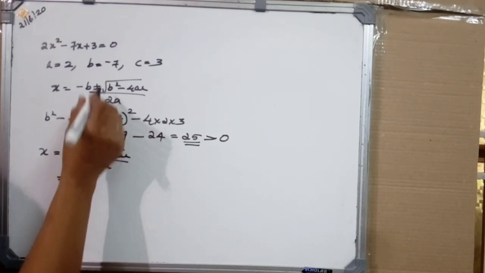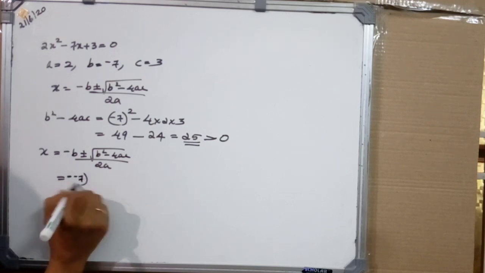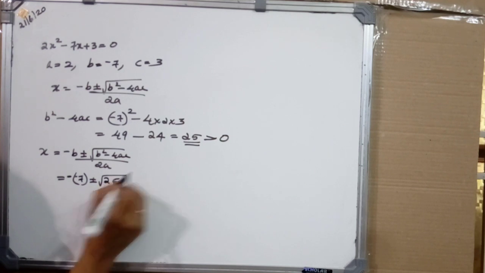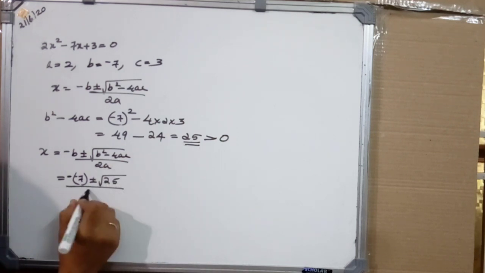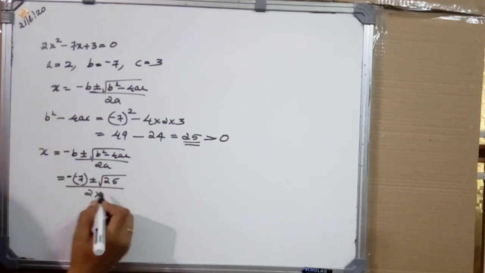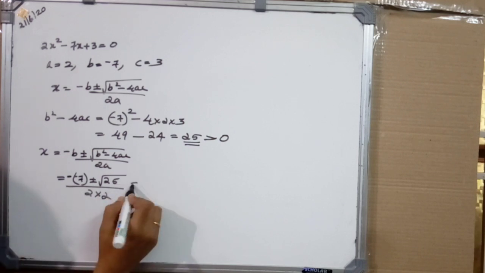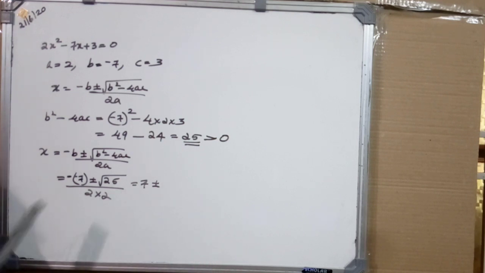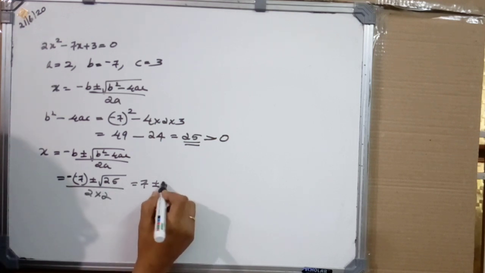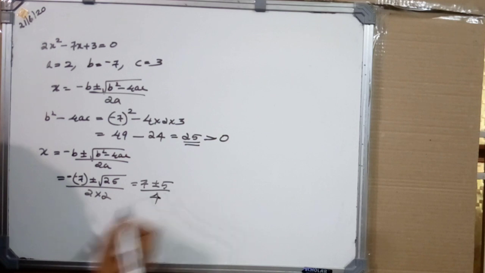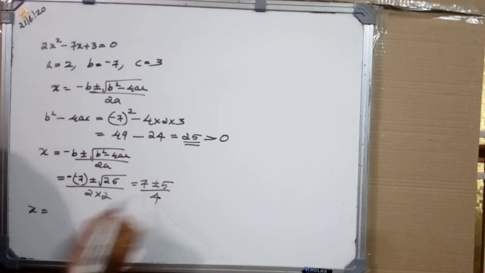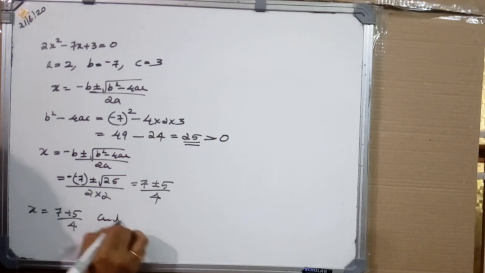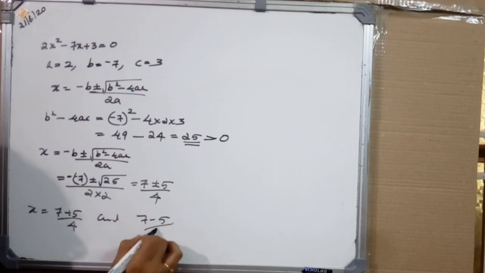Minus b is minus of minus 7, root of 25 for the discriminant, and 2a is 2 into 2. That is minus of minus 7 is 7, positive 7 plus or minus root of 25, that is 5, by 4. That is x equal to, we get two values, 7 plus 5 by 4 and 7 minus 5 by 4.